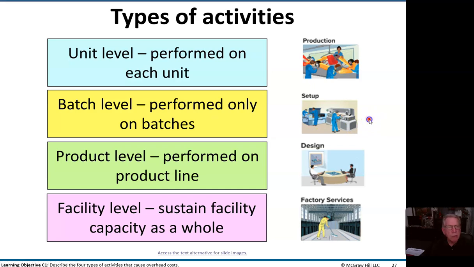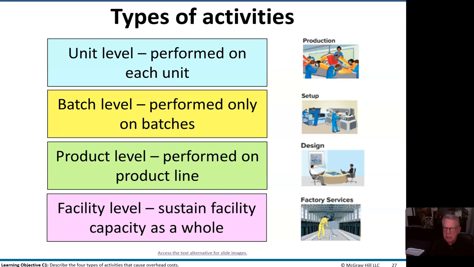And here we have some men setting up machines. Okay, the product level is performed on the product line. And you can see here that we have some people doing design changes. And finally, facility level. Here, we're sustaining facility capacity as a whole. So our factory services, such as the custodian here, keeping the plant clean and that kind of thing, are facility level activities.